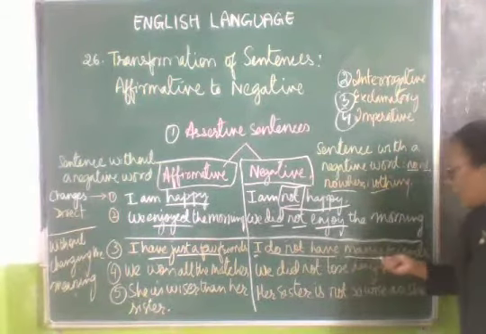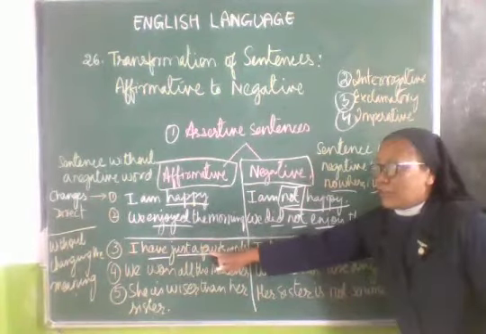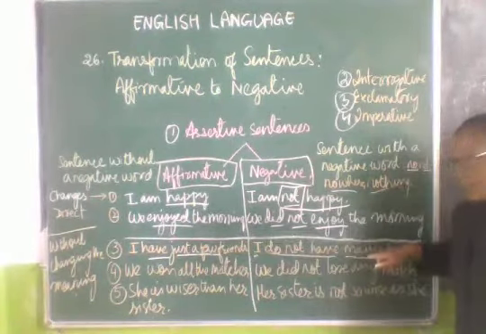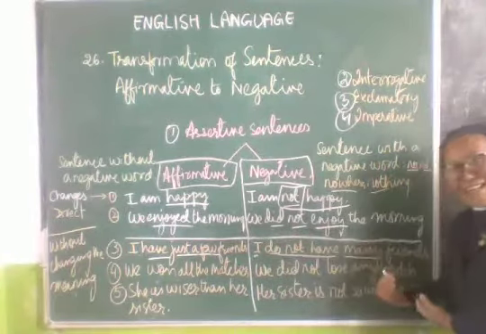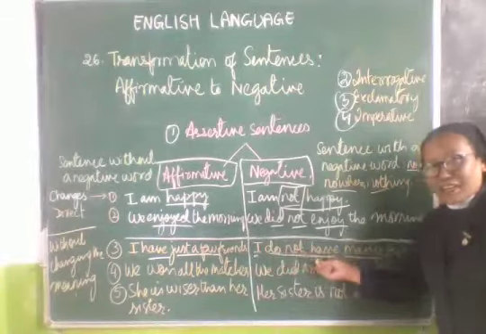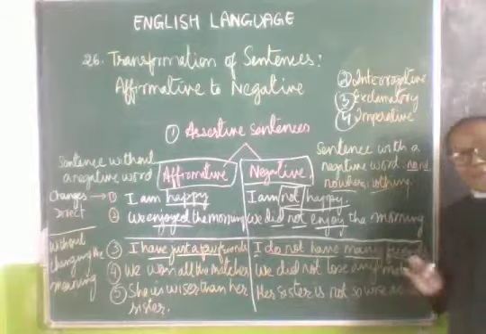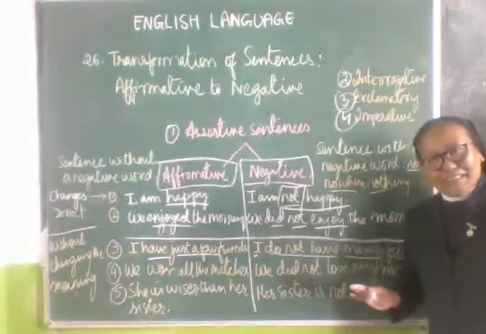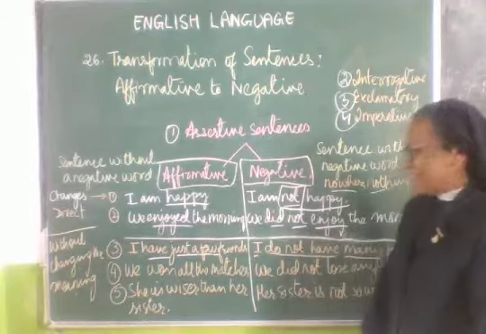Here the adjective is few. I have given the opposite of few, many. But here it is a negative word. I do not have many friends. Understood, children? Yes. Okay, very good. That's so smart of you.